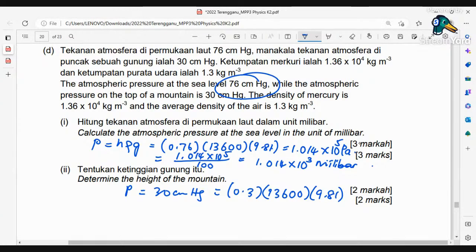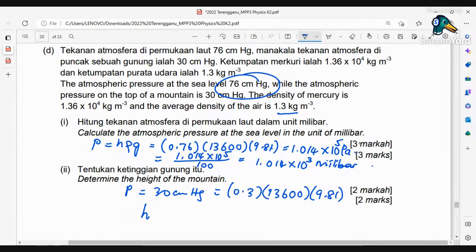And this one equals the pressure due to the height of air. Air density here is 1.3. So we can use the formula hρg also. But h is the height of air from the sea level to the top of the mountain.